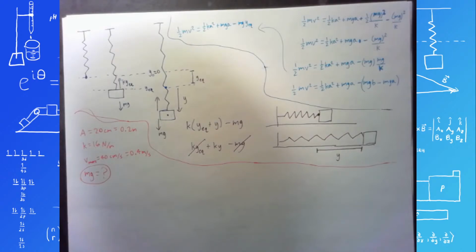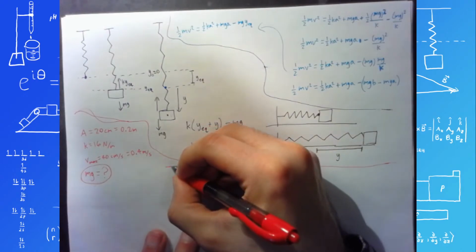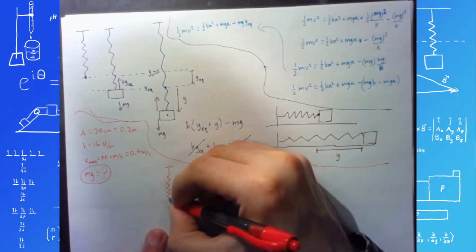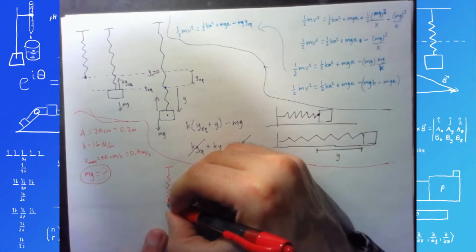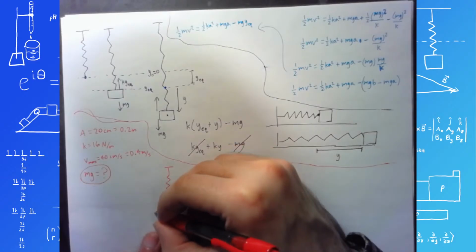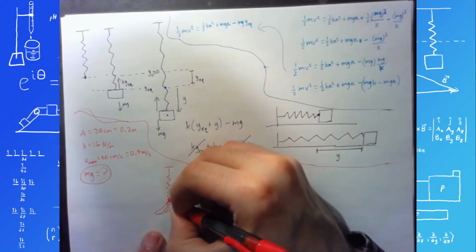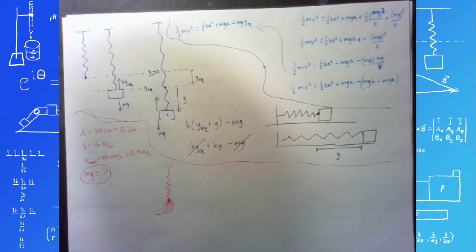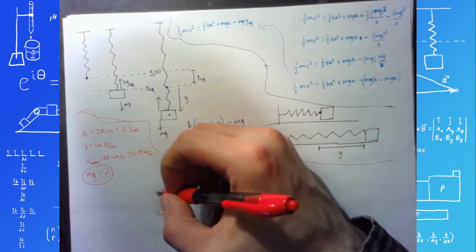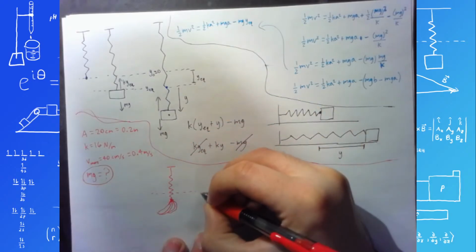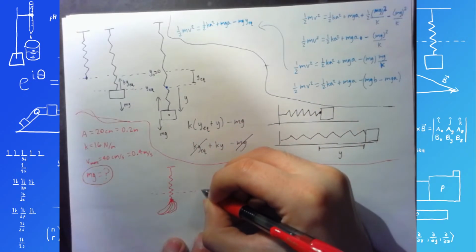So this is a vertical spring situation. We have a bunch of bananas. I'll try and draw them actually banana shaped. Why not? There we go. We have a bunch of bananas, and it's oscillating up and down, back and forth. We'll say this is the equilibrium position.